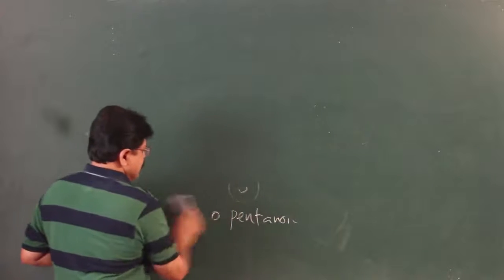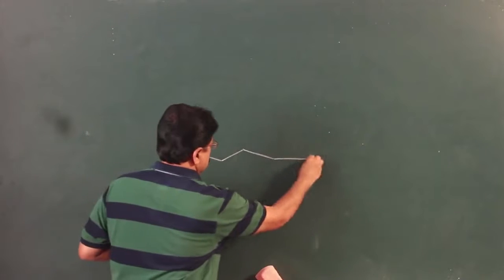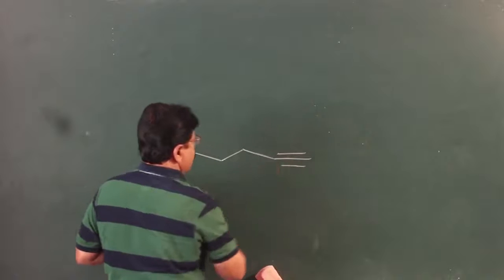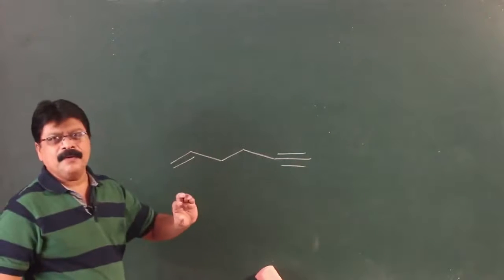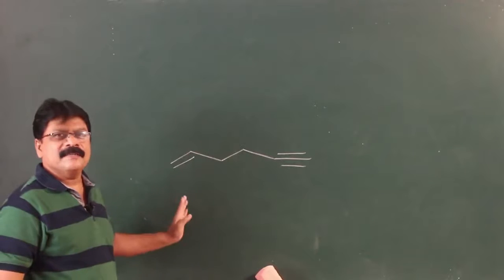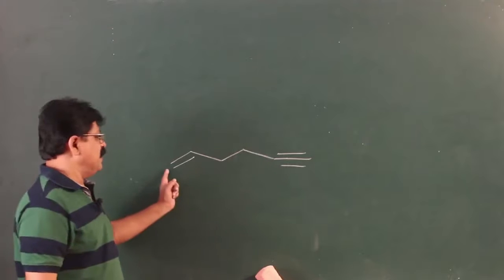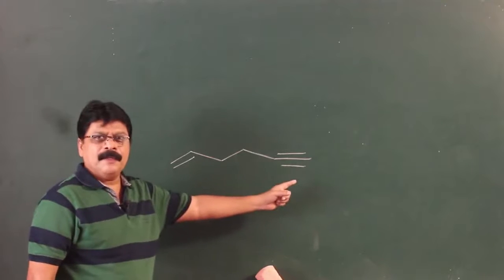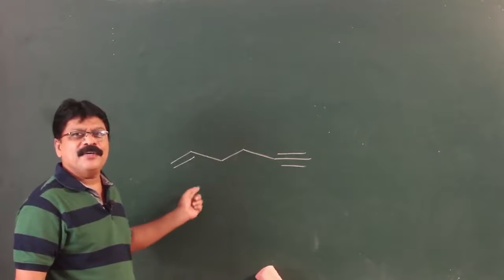Another interesting case is this. Suppose you have a compound like this. There is an ene and an yne. Which will be given priority? They are similar. E and Y have the same number. From here it is 1, there it is 1. So, there is a clash. Who will win, E or Y?